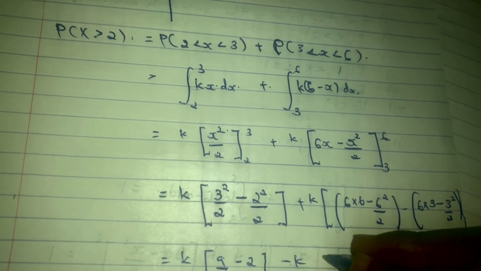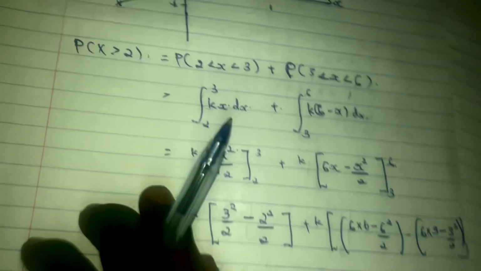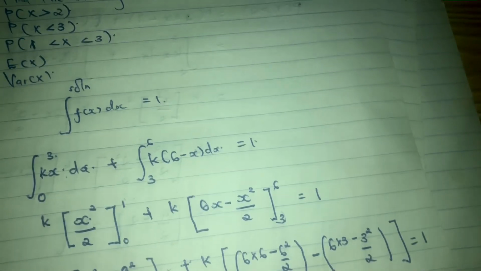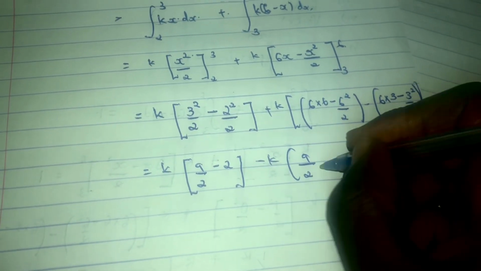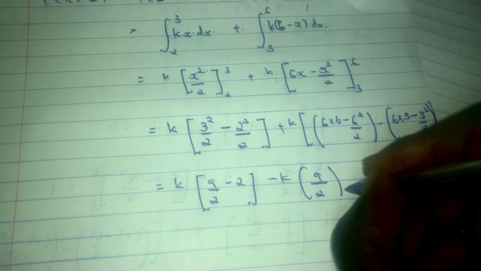Minus k. But this one you had already worked out, so it's good, you actually reduce time, because the answer that we got within this was 9 over 2k. Together, this is 9 over 2. Are we together?